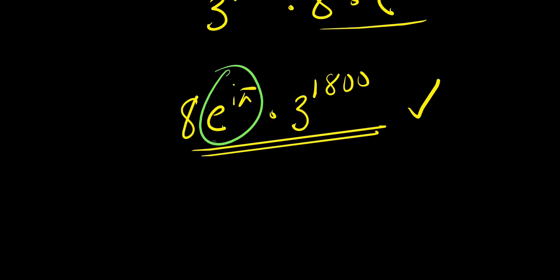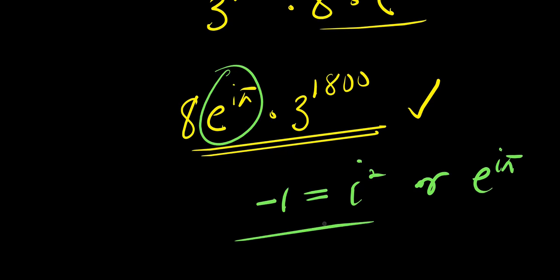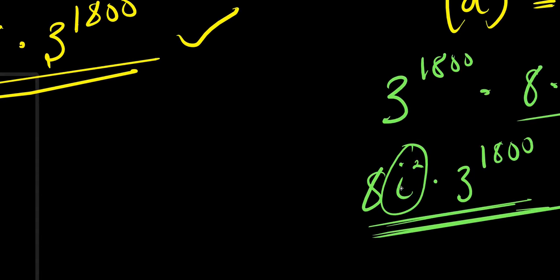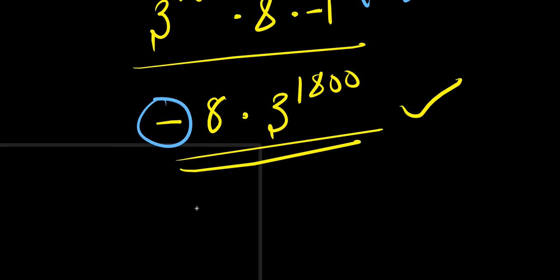They can actually translate the negative form into different forms. They can make it either i power 2 or e power i times pi. It can be written as this or as this. So that's just the translation of this particular negative sign that we have here.